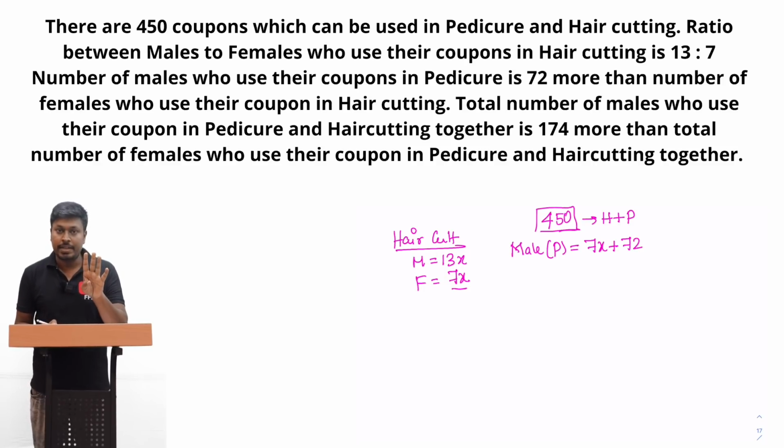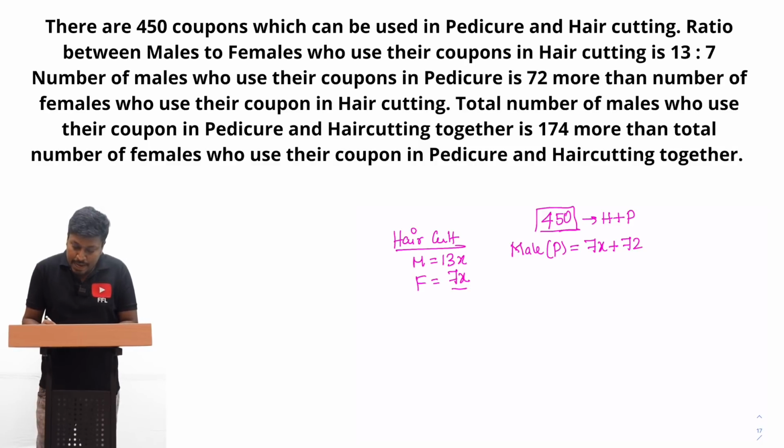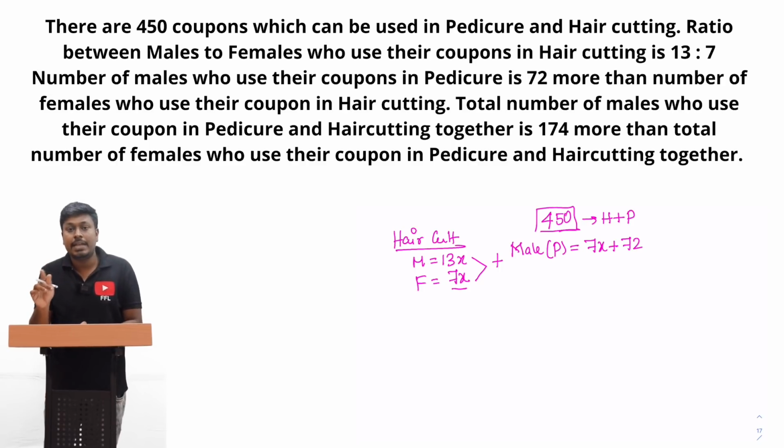Out of this 450, male coupon for hair cutting is 13x, female is 7x, and male pedicure is 7x plus 72. If you add these three values and subtract from 450, the resultant answer will be female pedicure. Yes or no?